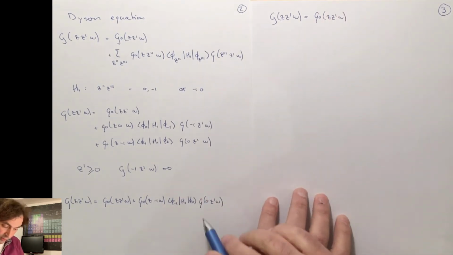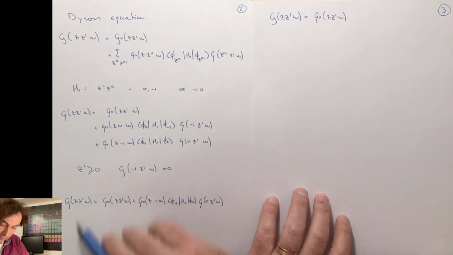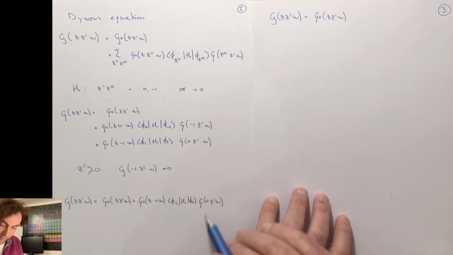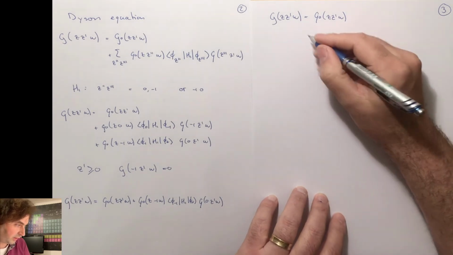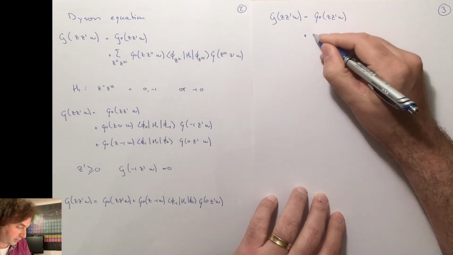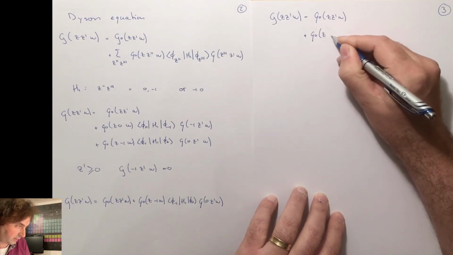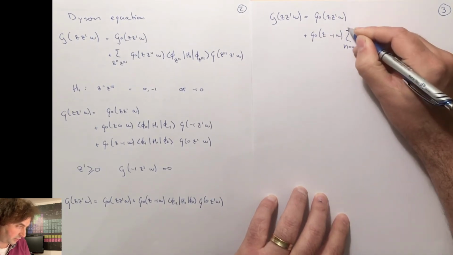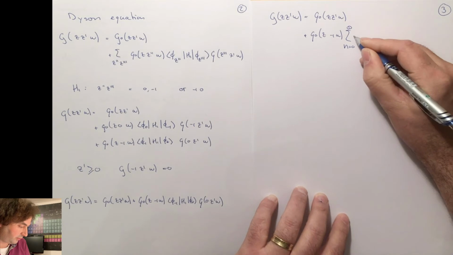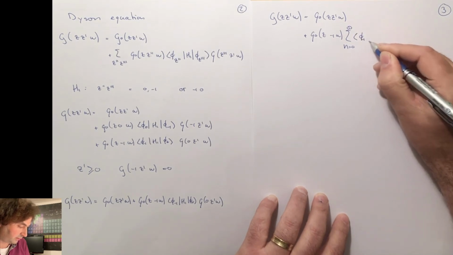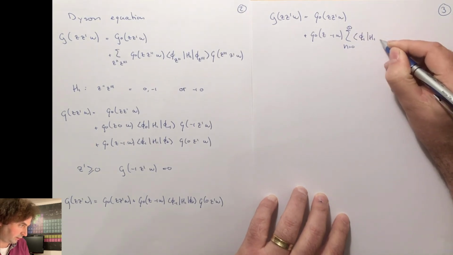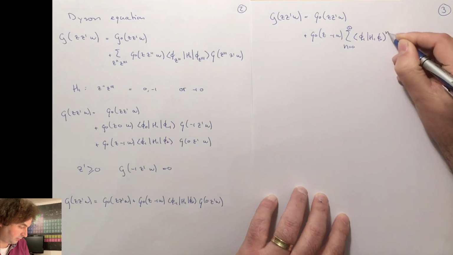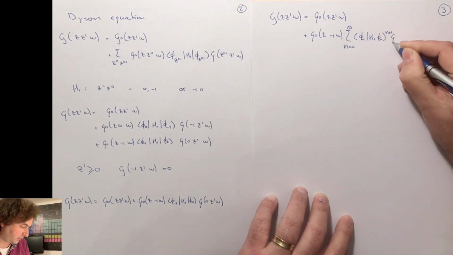an infinite series, because we can replace the full Green's function again with the Dyson equation, plus g0(z, -1, omega), and then we have a sum from 0 to infinity, where we can scatter h1 phi_0 n plus 1 times.